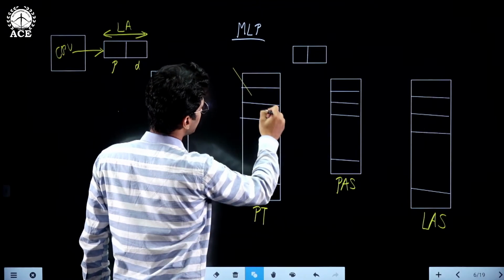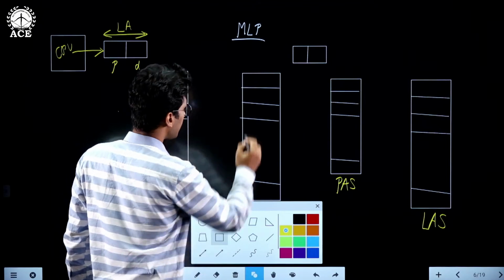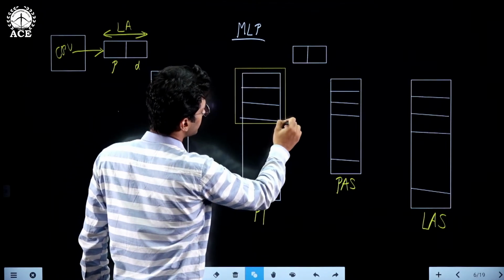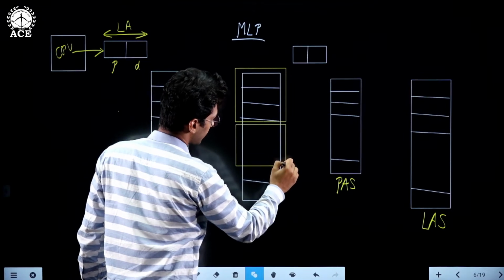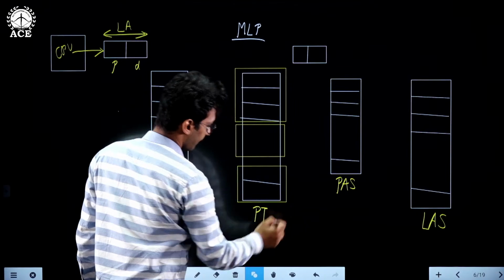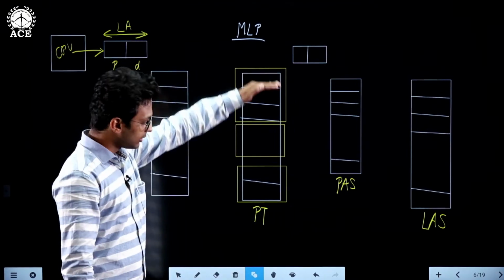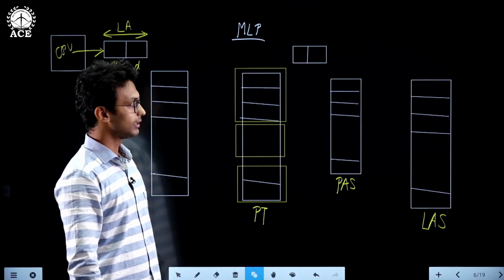Within this particular frame, these many slots are there, and in this particular frame, these many slots are there, and so on. This is the last one. So this page table fits in these many frames, isn't it?